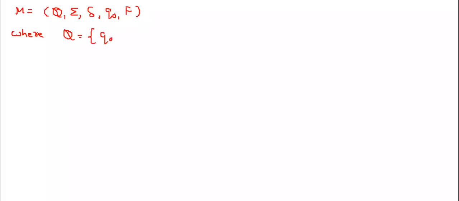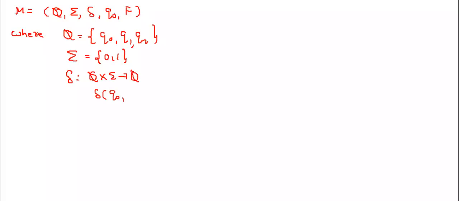What are the 3 states? Q naught, Q1 and Q2. What is your input alphabet? Your input alphabet is 0 and 1. Your delta maps Q cross sigma to Q. So how will you define the delta rules?